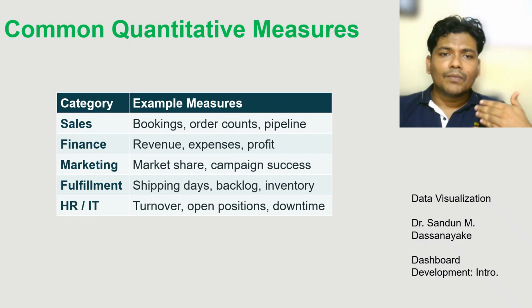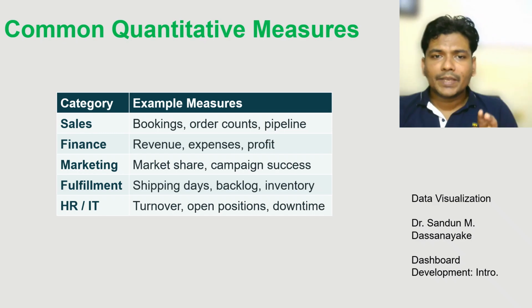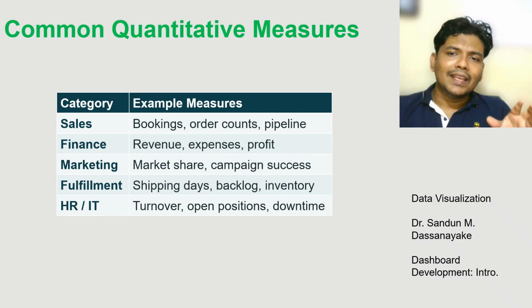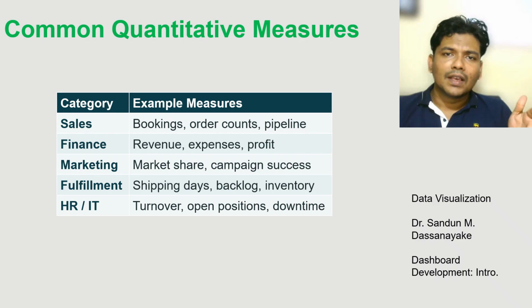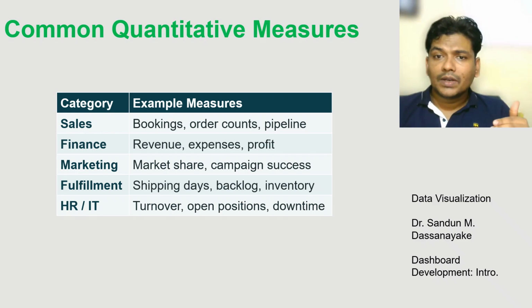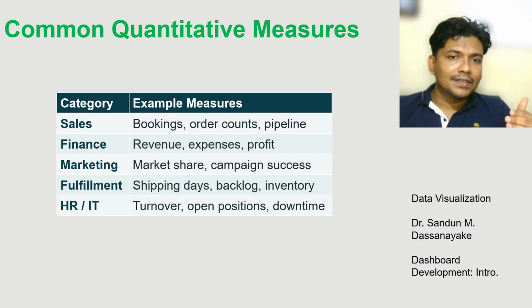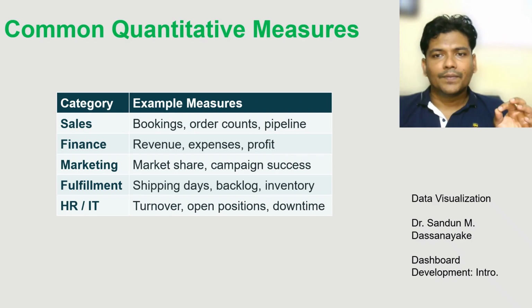Marketing looks at market share and campaign performance. Fulfillment dashboards track shipping days, backlog, and inventory levels. And HR or IT dashboards might show turnover, open positions, or system downtime.